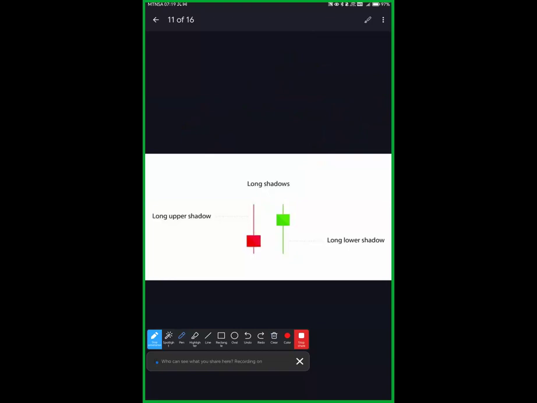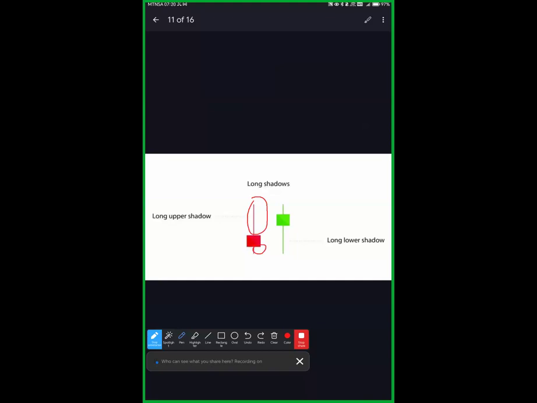All right. When you are looking at a candlestick, you will find that some candles do have shadows at the upper side of the body. Sometimes there is no lower shadow at the bottom part of the body.